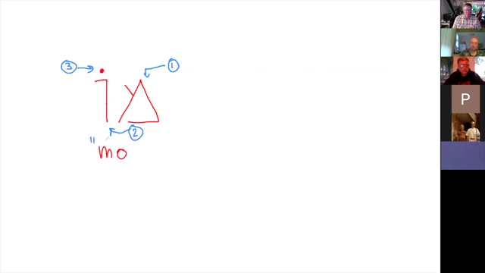Mo. This is an open syllable, because it has a consonant and a vowel. And you can continue the sound, mo.